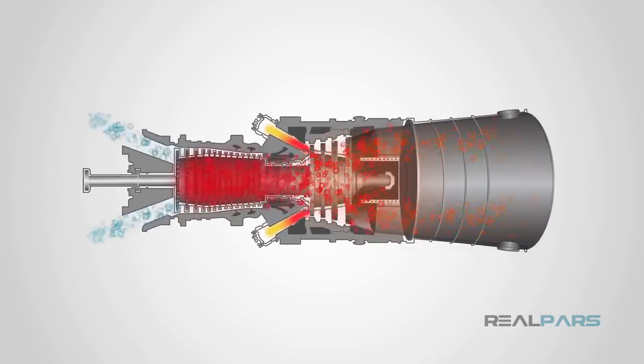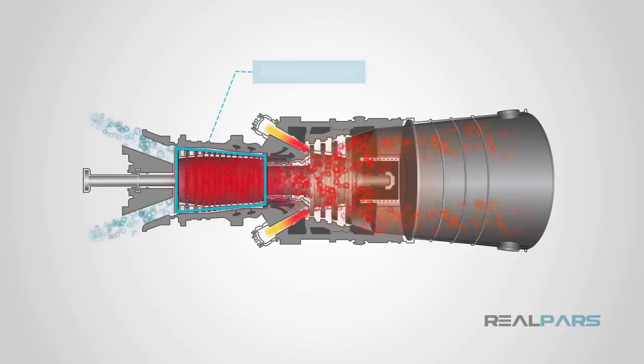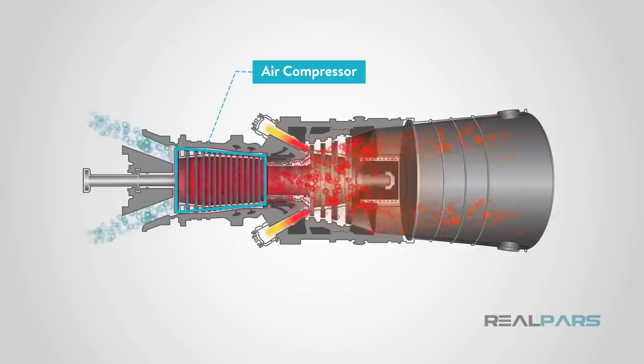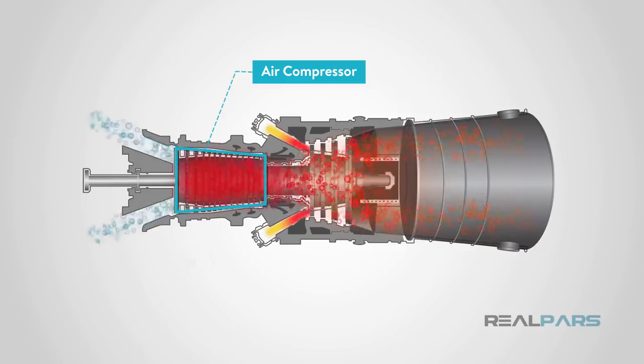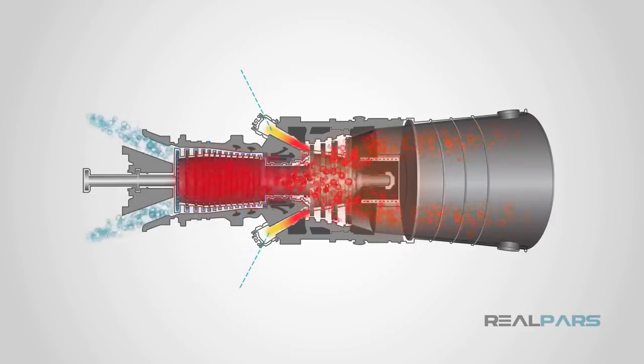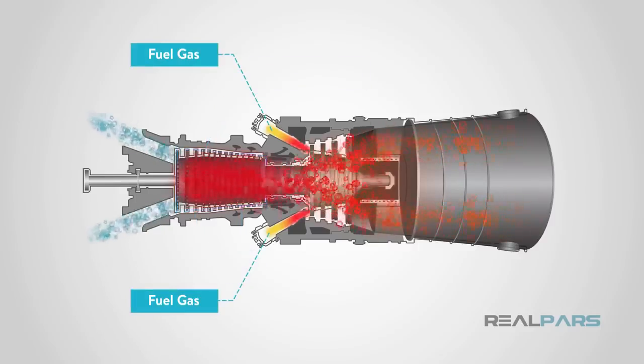The conditioned air is conducted into the turbine air compressor, which is an axial compressor comprised of multi-stages of blades mounted radially on the turbine inlet shaft. The discharge pressure and temperature of the air compressor are monitored to manage the combustion quality at the combustion chamber. Fuel gas is a key factor in the design and operation of a gas turbine.